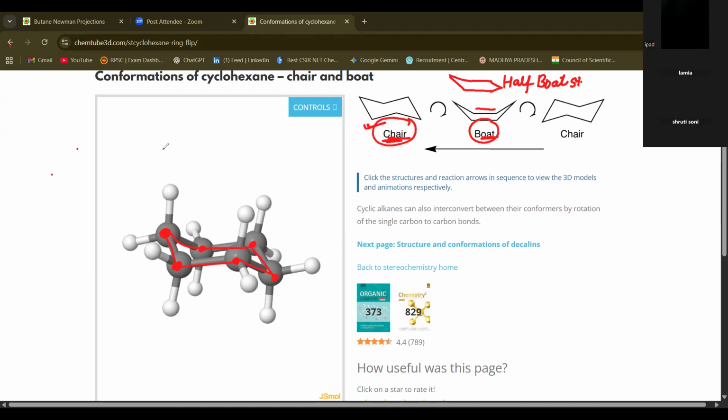So can we represent this structure like this? Okay. So now do you understand how the 2D conformation or 2D structure of the chair looks?